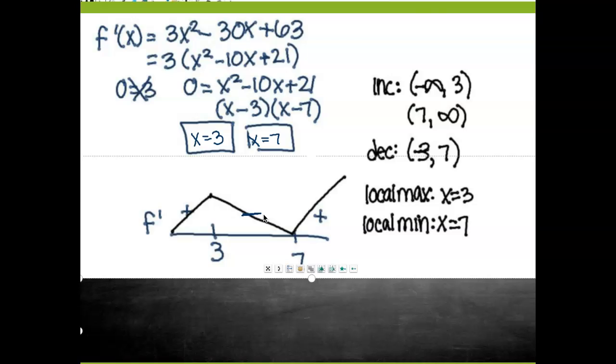So 3 becomes my local max, 7 becomes my local min, and then we have areas of increase and decrease. And again, I tend to make my intervals not including the critical points because those are zeros, and it's not really increasing or decreasing at a zero.